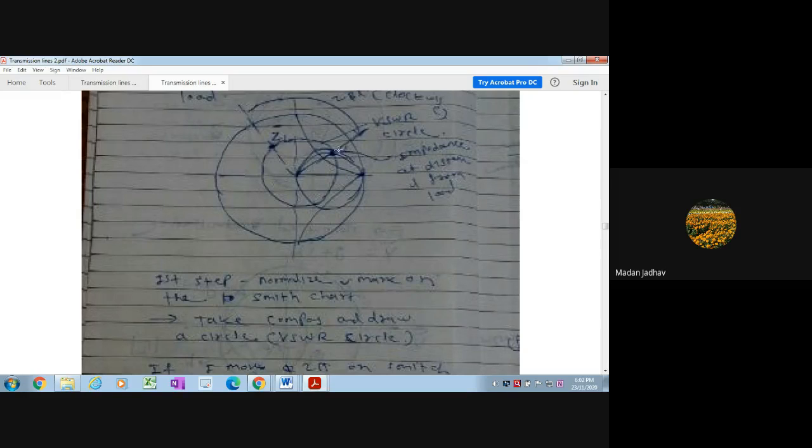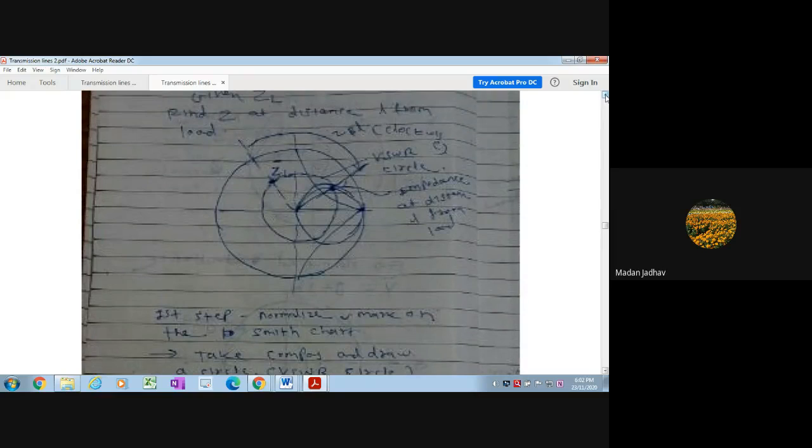Now in this particular case we have to move through some angle. If you want to find out the unknown impedance, then you have to move 2 times beta into L from this point.